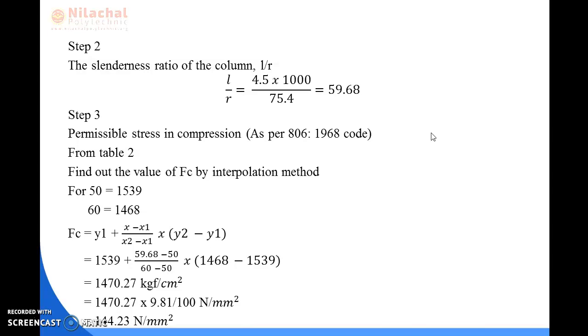Then next is your step 3. Here the permissible stress in compression as per the IS 806-1968 code, table number 2, we can find out the value of Fc as per the slenderness ratio. In case of table 2, the direct value of 59.68 is not given.